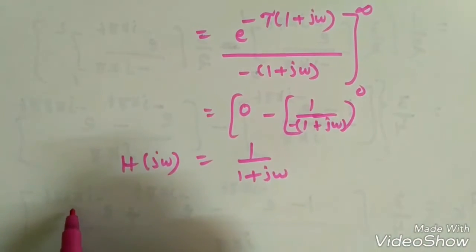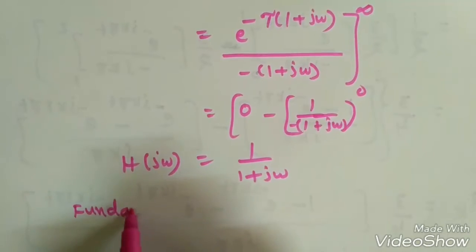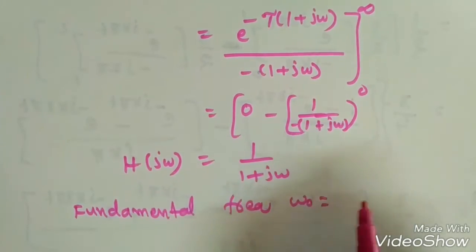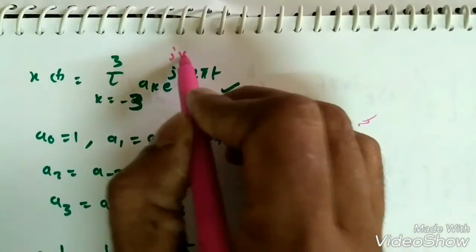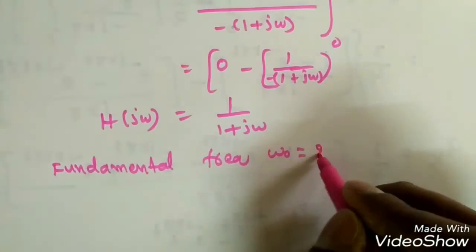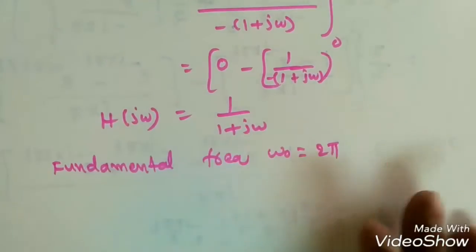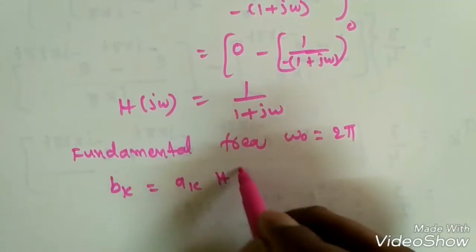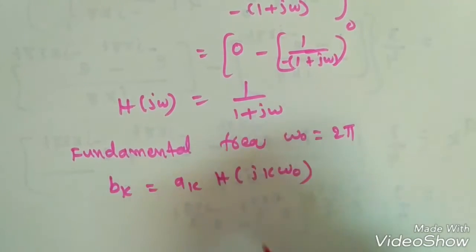Right? Now what is the fundamental frequency? So fundamental frequency omega naught, from this question, see here, e power jk omega naught t. What is omega naught? Simply 2 pi. So when omega naught is equal to 2 pi, it's very easy to find the bk, that is the Fourier coefficient, that is ak into H of jk omega naught.